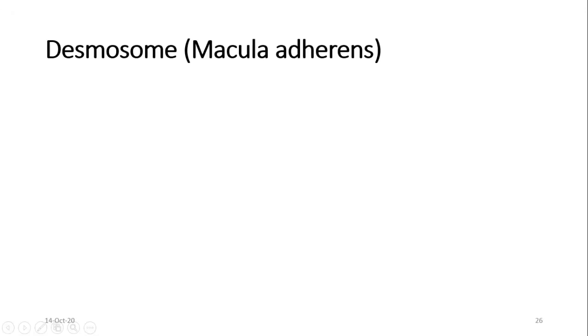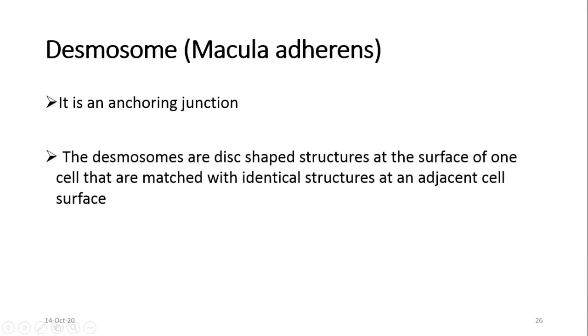The third type is desmosome or macular adherence. It's an anchoring junction also. The desmosomes are disc-shaped structures at the surface of one cell that are matched with identical structures at an adjacent cell surface.